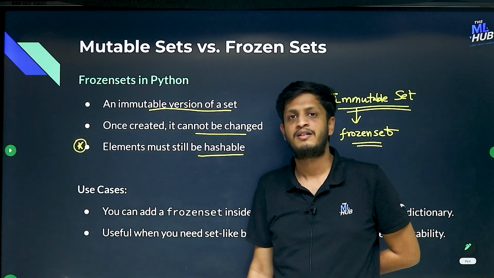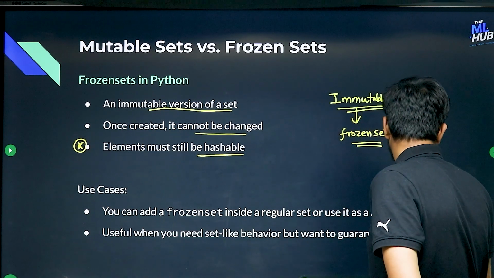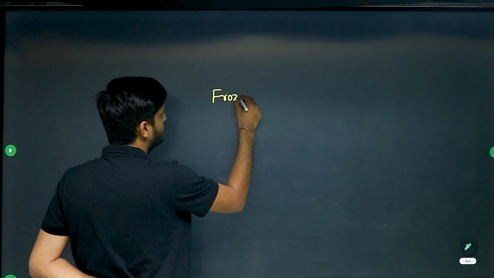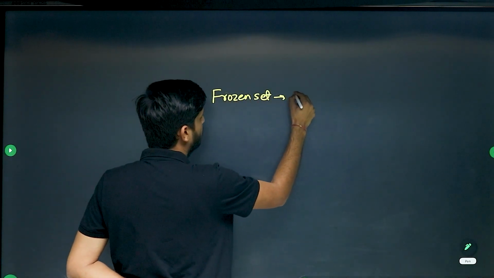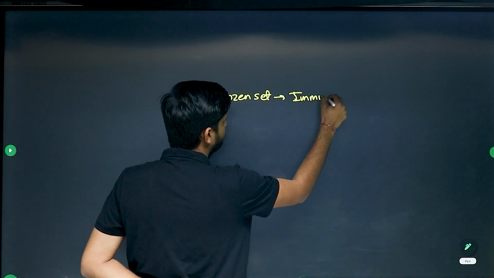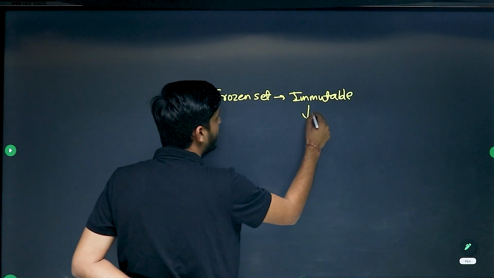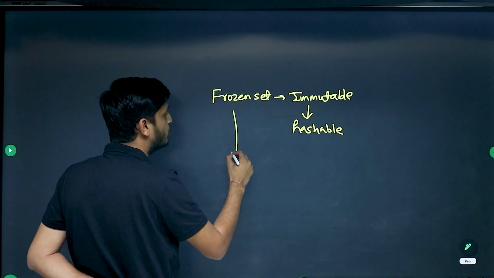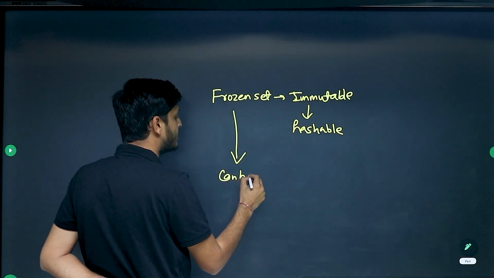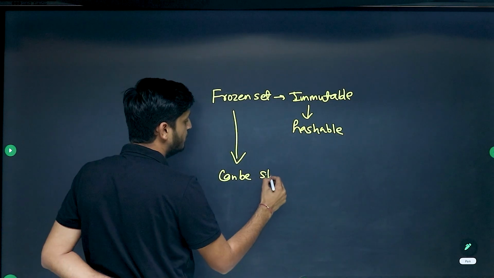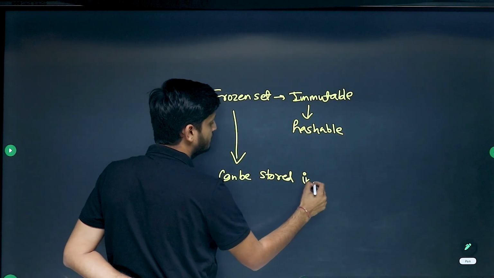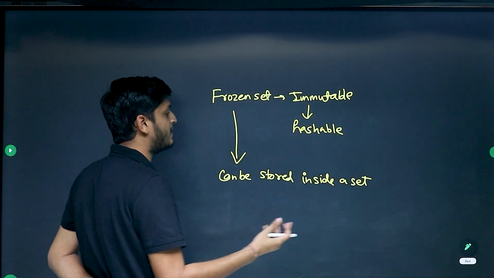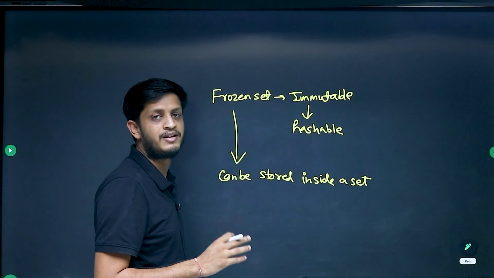What does this mean? Frozen set is immutable. It means it is hashable. It means a frozen set can be stored inside a set. Think about it. You cannot store a set inside a set because set is mutable. It is unhashable.